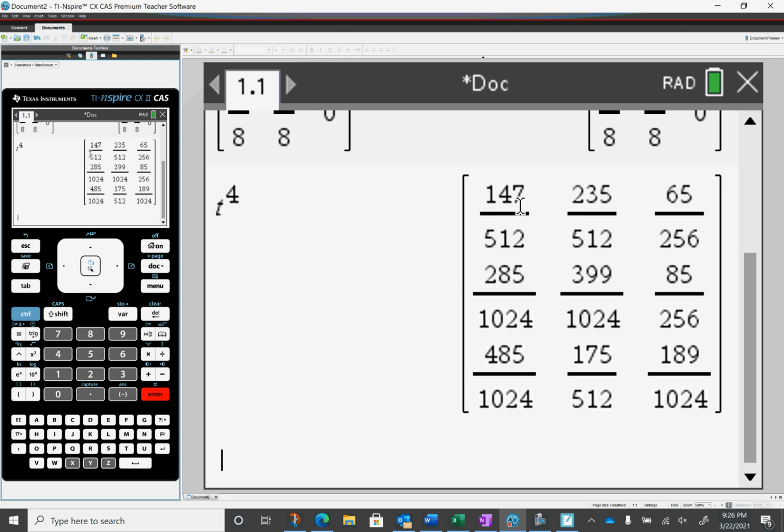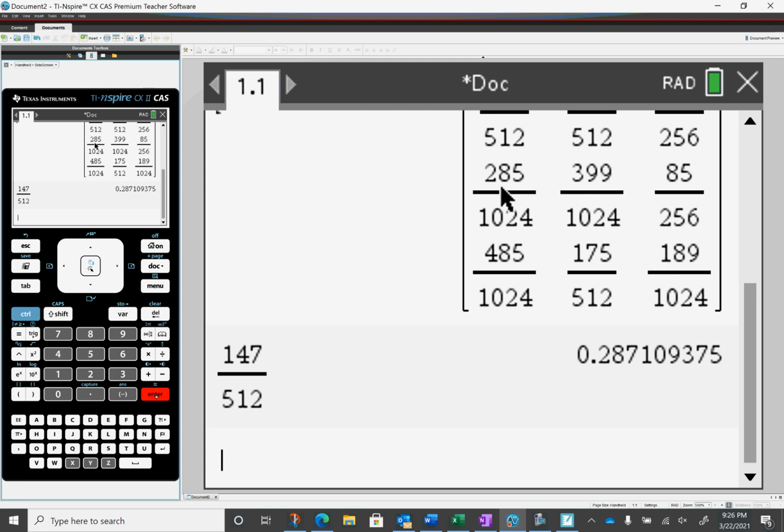So it comes back to there was a quiz, we're taking another quiz. So how about a decimal: 147 divided by 512 is approximately 29, if we round that to the nearest whole number, 29% of the time.